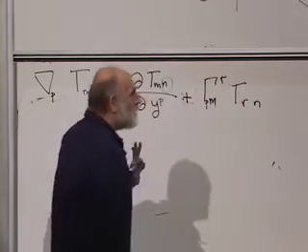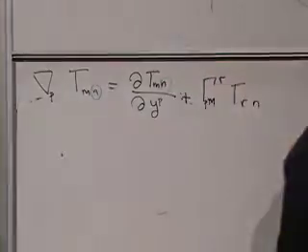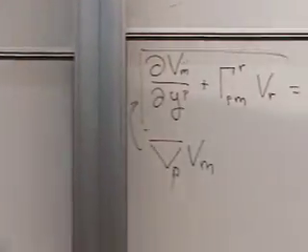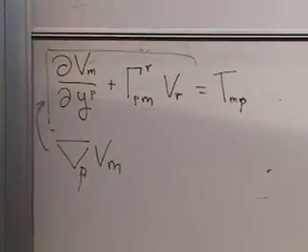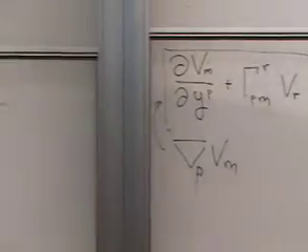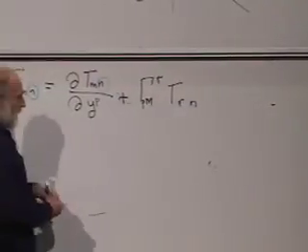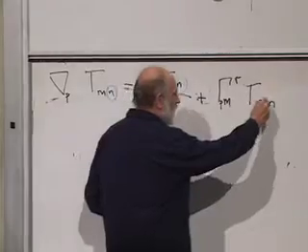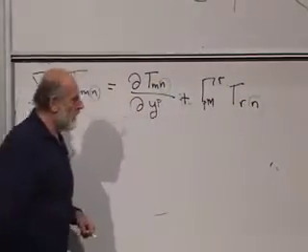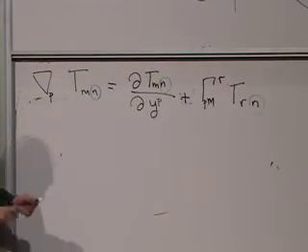Look what I've done. I've done exactly what I did over here, except with an extra index here, just riding along, just traveling along for the ride, doing nothing. But that's not the whole story.